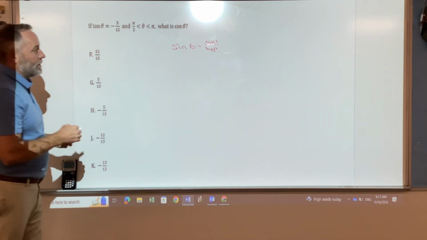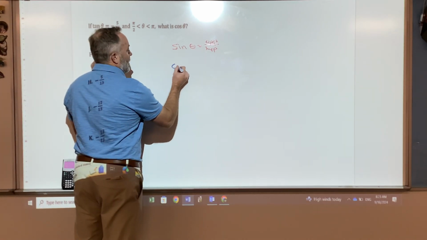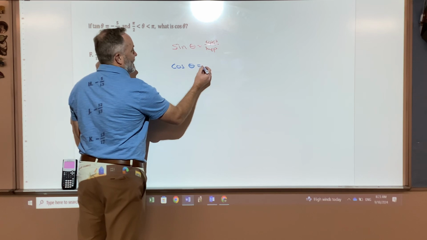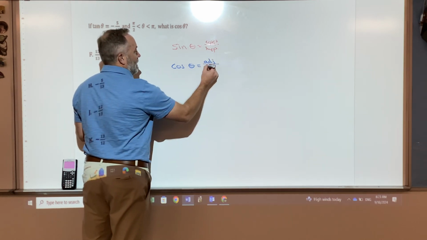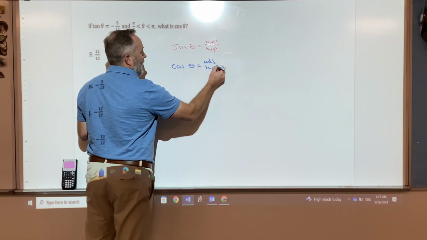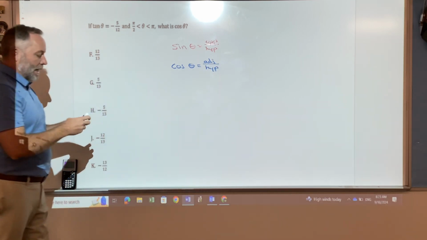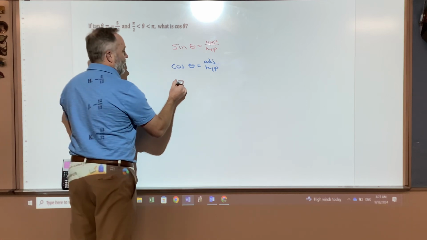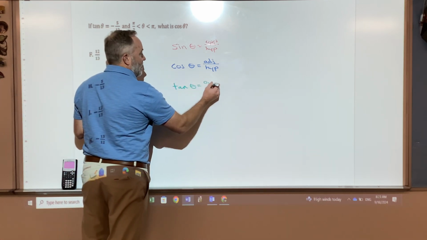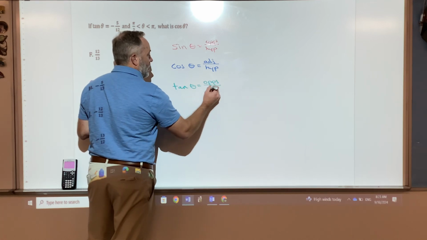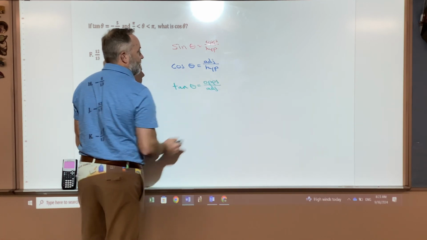The cosine of an angle is equal to its adjacent side, the one that's next to the angle, over the hypotenuse. And the tangent of that angle is equal to the opposite over the adjacent.